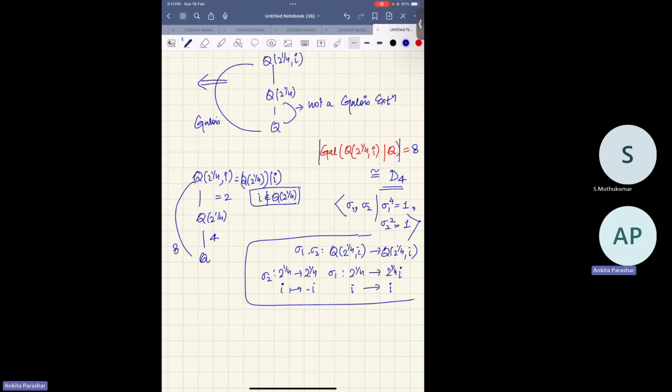So one way is that you try to look at all possible subgroups of D4, and then look at their fixed fields. So I'll just try to write the criteria. The criteria is to find all possible sigma 1, which sends 2^(1/4) to 2^(1/4) i.